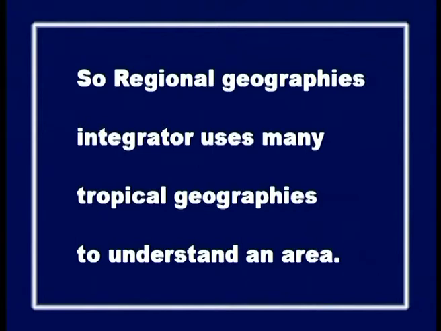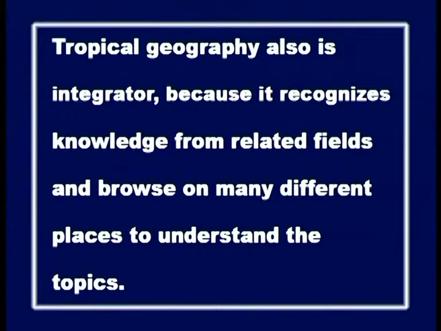So regional geography is integrative, uses many topical geographies to understand an area. Topical geography also is integrative because it recognizes knowledge from related fields and draws on many different places to understand the topics.